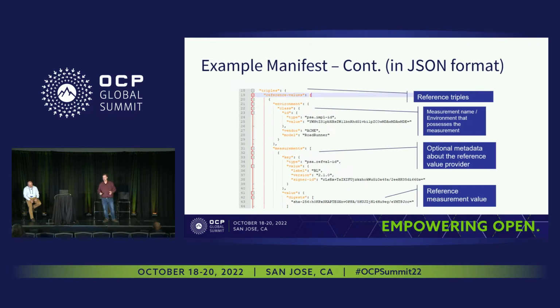And if you notice line 19 in here, this has reference values. You actually end up with the exact same thing, except it says evidence if it comes from the device. And so when you have to go through and write a verifier, it's actually pretty easy to walk your way through these data structures and find out which item in the reference is supposed to match up with which item that came out of the evidence.